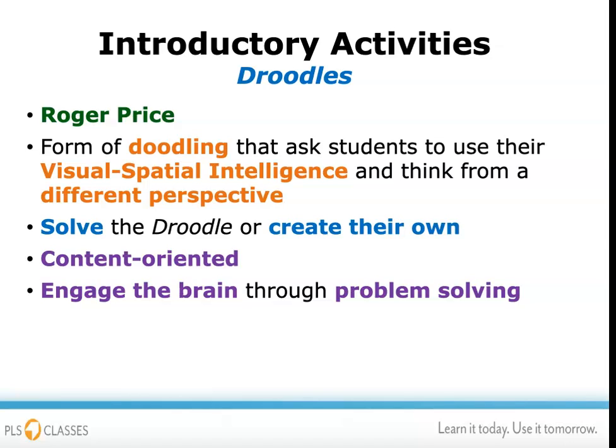Droodles are a form of doodling that asks students to use their visual spatial intelligence and think from a different perspective, such as a bird's eye view. Students can work to solve the droodle or create their own. Droodles can be content-oriented or can be used to engage the brain through problem solving.